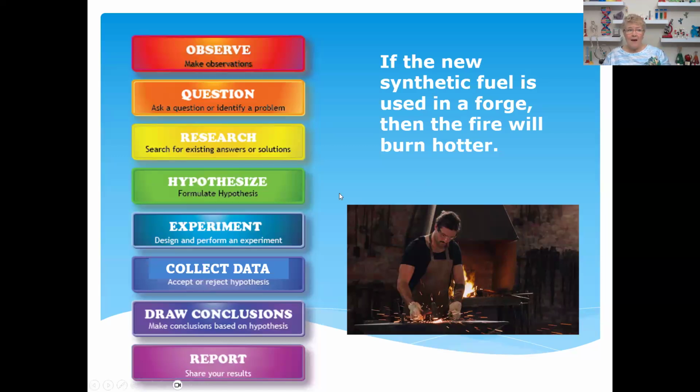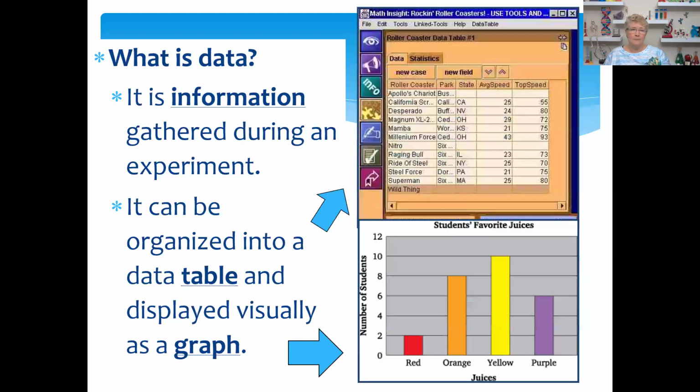And then our next step after doing our experiment, after testing it, is to gather this data and look at it. So when we say data, what we mean is the information that we got from our experiment. We often will put our data into data tables or data graphs because it's a whole lot easier to understand something in a table or a graph than it is just a paragraph.